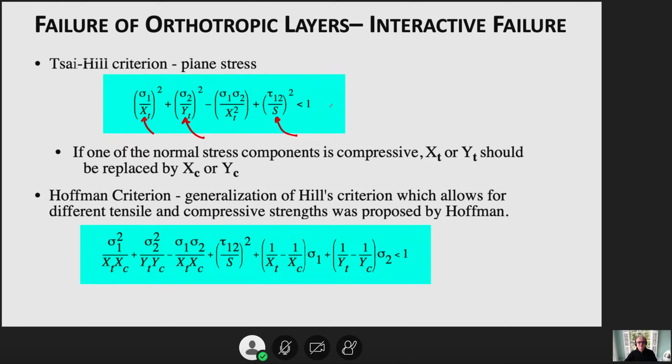If they are bigger than 1, you fail. This is assuming that the stresses are primarily tensile. If the stresses are primarily compressive, then we replace XT and YT in the Tsai-Hill with XC and YC.